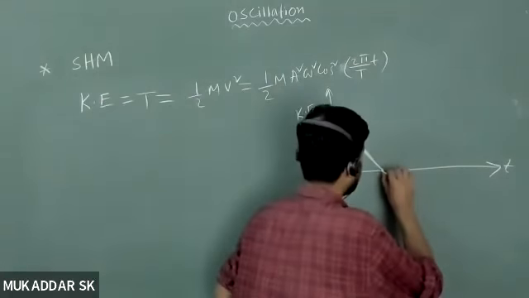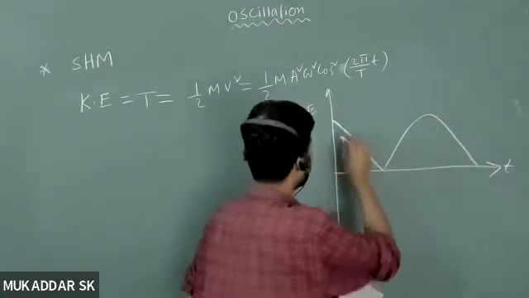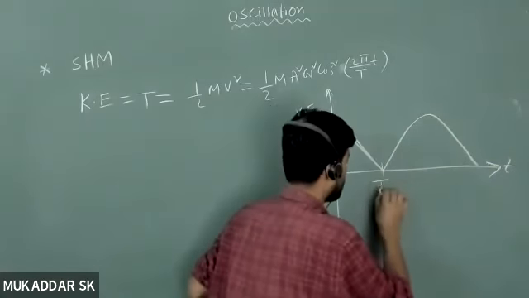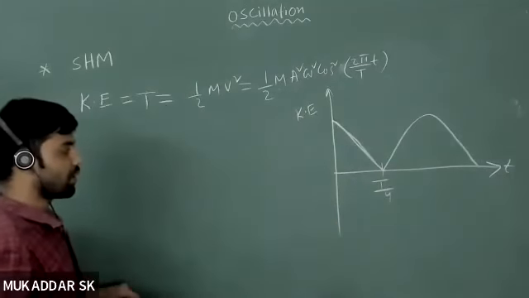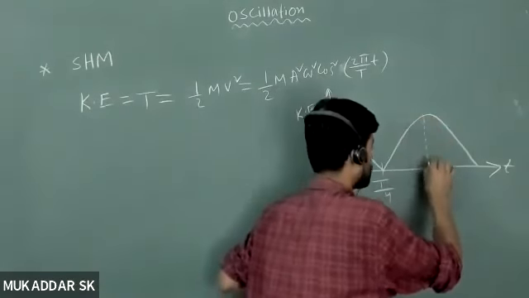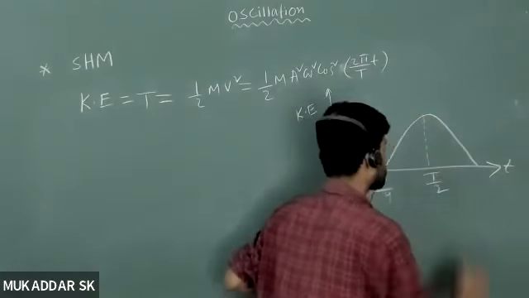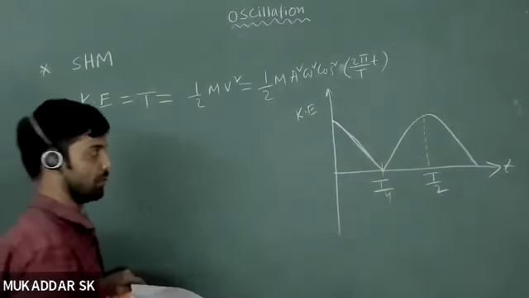So how will the curve look like? Okay, so this point corresponds to what? Capital T by 4, right? And this is basically representing when the oscillator is at extreme position. Now these points correspond to capital T by 2, because at this time your oscillator is again returning to mean position.